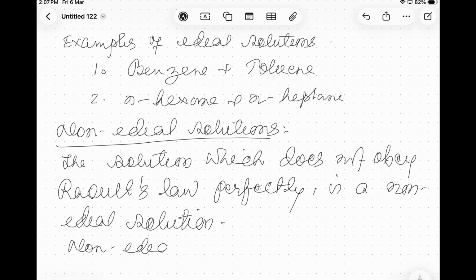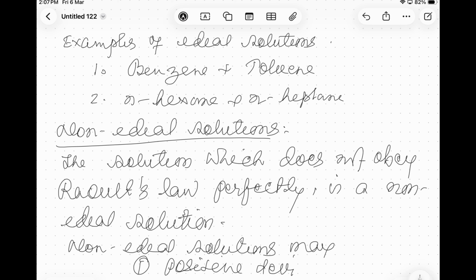Non-ideal solution may be of two types: one with positive deviation, and another with negative deviation.